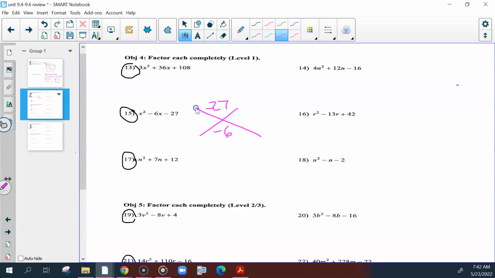What two numbers would work? And then we can write our factors. So whatever variable it is, x minus 9, x plus 3. And that would be our final answer. Any questions on that?